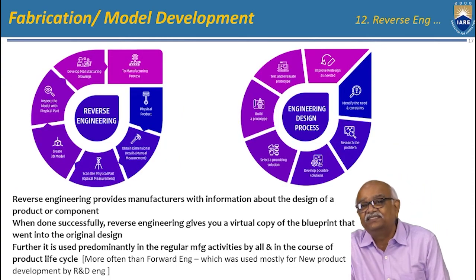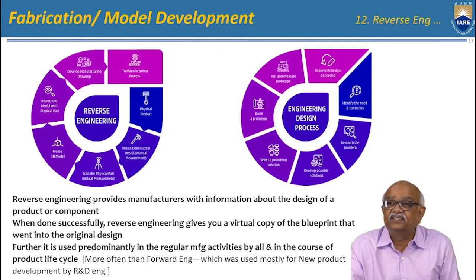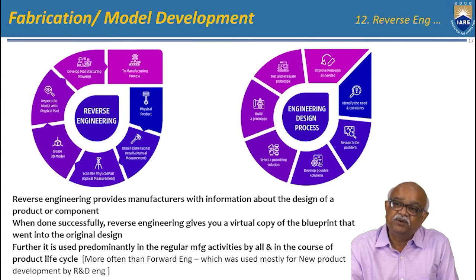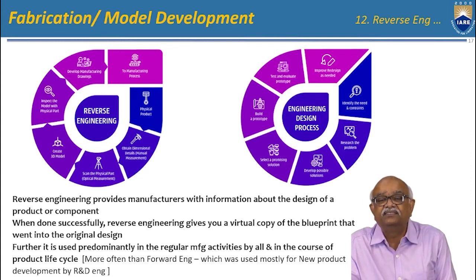And if you see the reverse engineering or engineering as a comparison, engineering starts with identifying the need, creating a problem statement, or from the problem getting into a solution, from the solution getting into a design, from the design getting into a prototype, from prototype testing, evaluation, then finalizing the design. Here what happens is, you don't get into all those things.